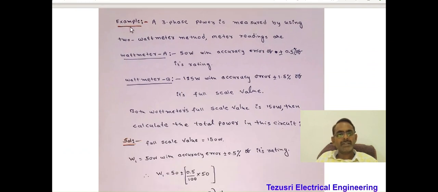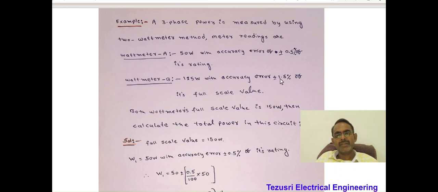We have to see one example here. A 3-phase power is measured by using the 2 wattmeter method. Meter readings are: wattmeter A reads 50 watts with accuracy error of plus or minus 0.5% of its reading. Wattmeter B reads 125 watts with accuracy error of plus or minus 1.5% of its full scale value.